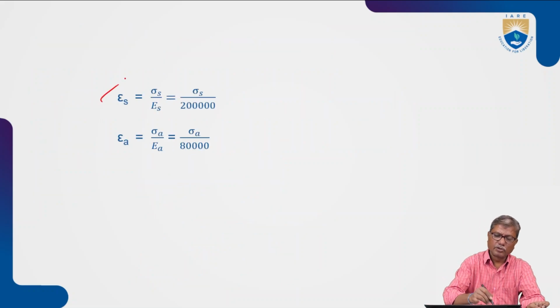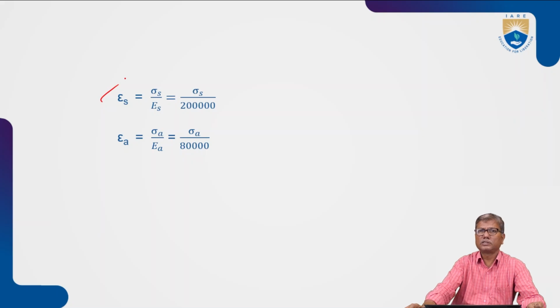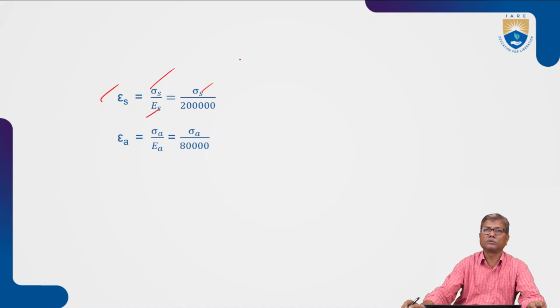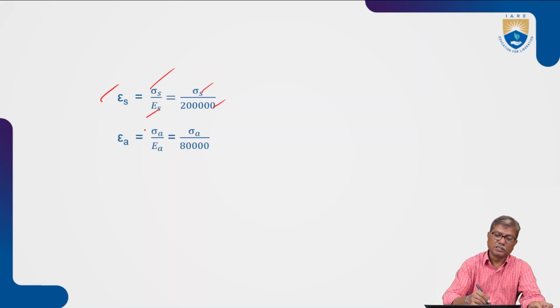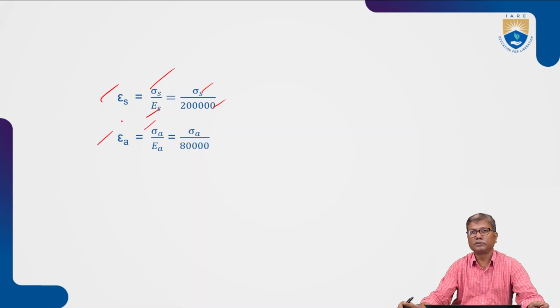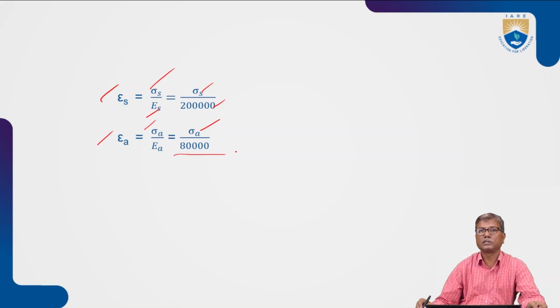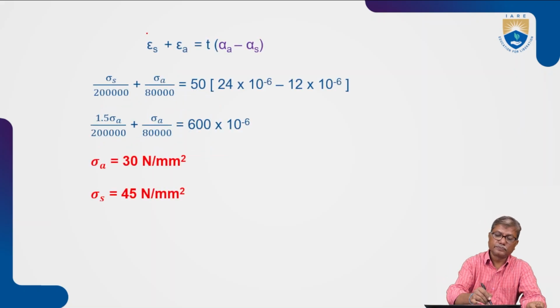Also, strain in steel is stress by Young's modulus, stress sigma s, and Young's modulus 200 into 10 power 3 Newton per mm square. Similarly, strain in aluminum is sigma a by Ea, stress in aluminum bar by Young's modulus of aluminum 80 into 10 power 3. Okay. Now we have another relation. What is it?